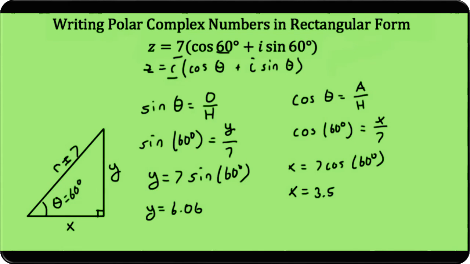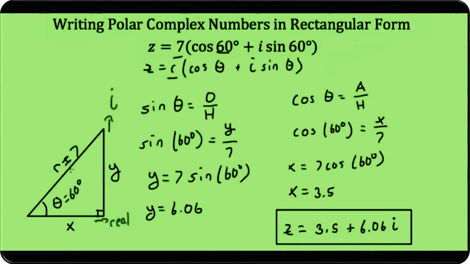But remember, this is not normally x and y. This is actually the real and the imaginary axis. So that means z is equal to 3.5 plus 6.06i.